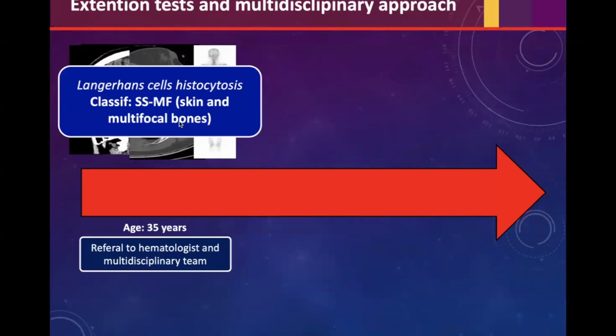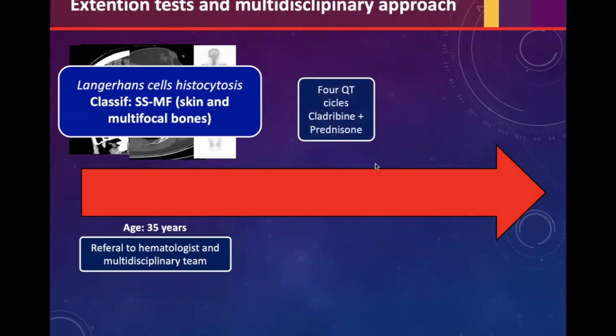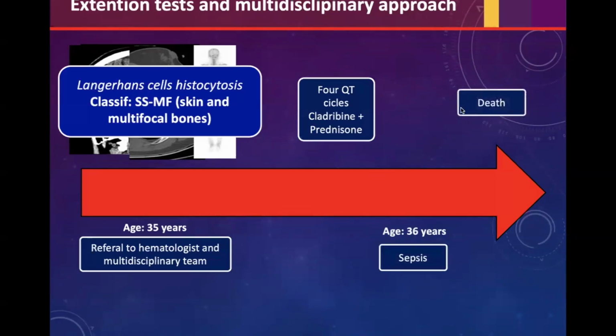This is classified as a single system multifocal Langerhans cell histiocytosis. Then the patient received 4 chemotherapy cycles of cladribine and prednisone, but then we had relapse and sepsis, and unfortunately the patient died 6 months after the initial diagnosis.